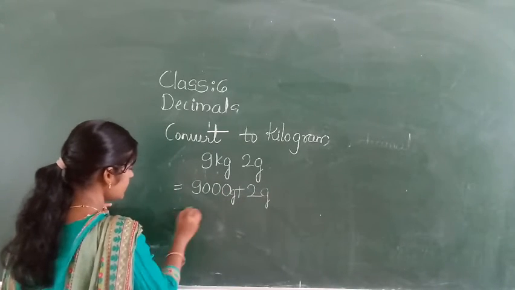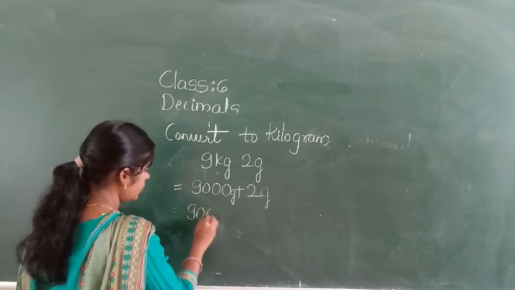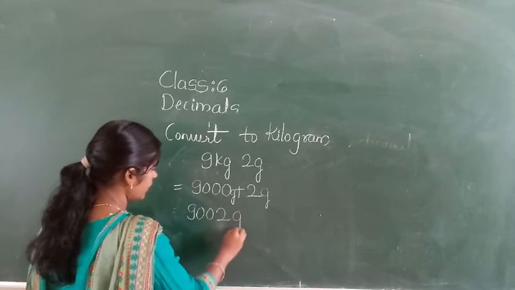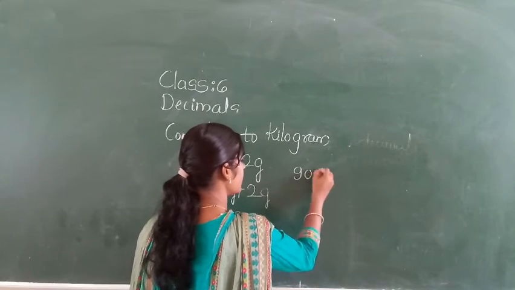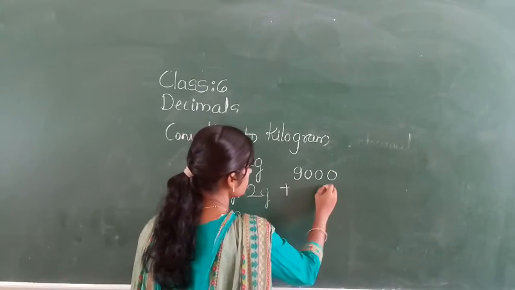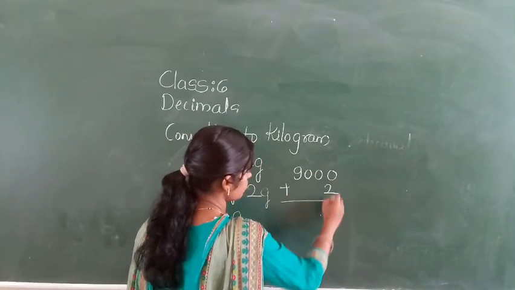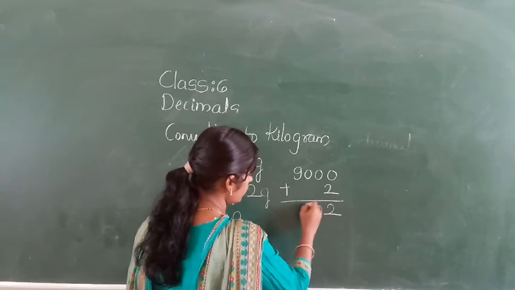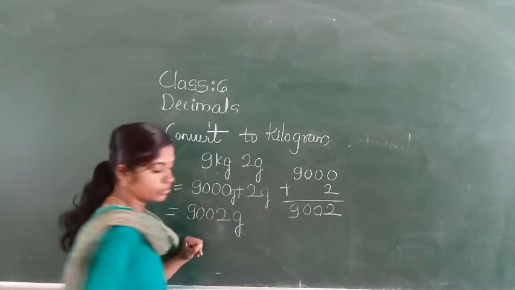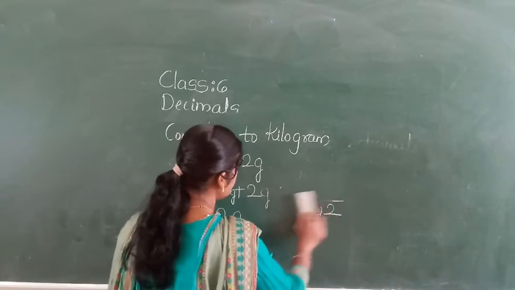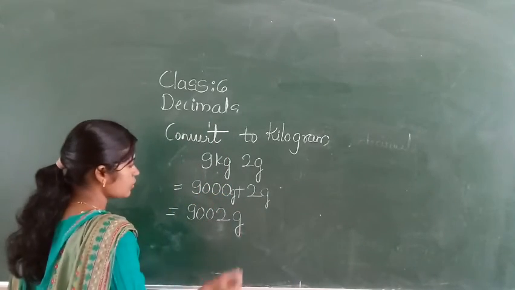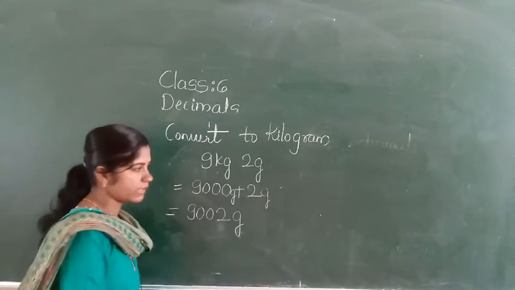How much it is? 9002 gram. Okay, I added. If you did not understand, then write here 9000 plus 2. See here, 0 plus 2, 2, next you write 0, 0, and write here 2. So 9000 plus 2 is 9002 gram.